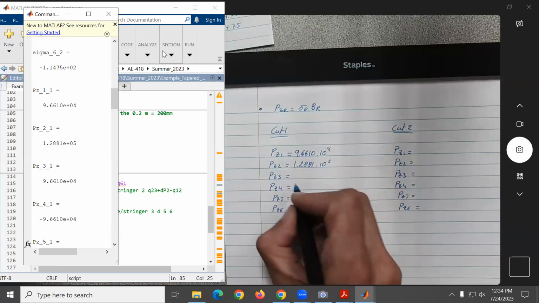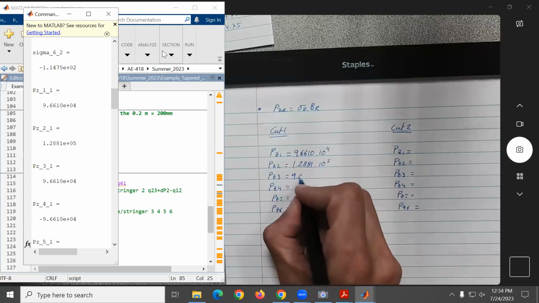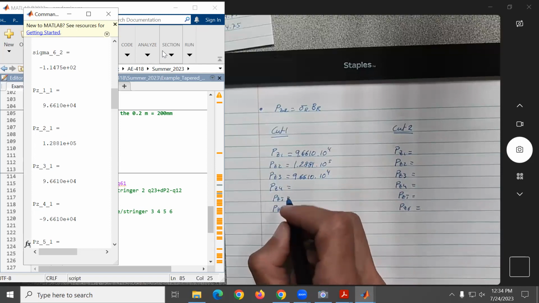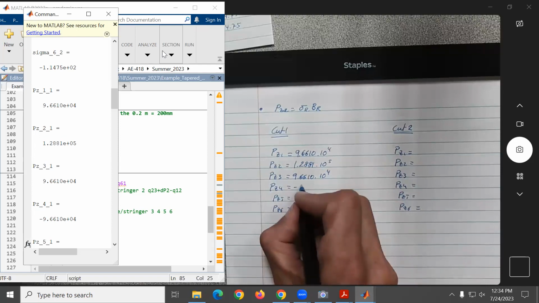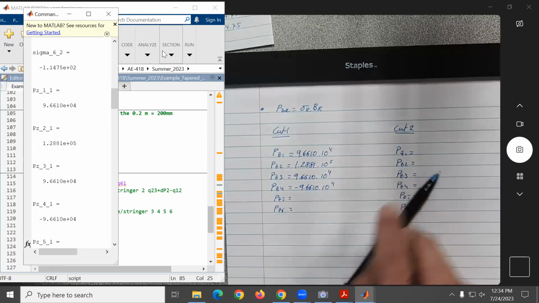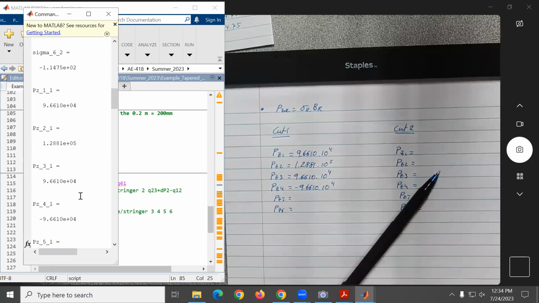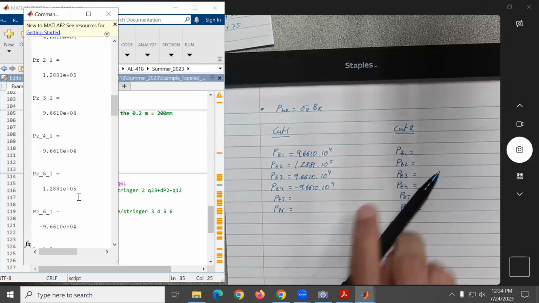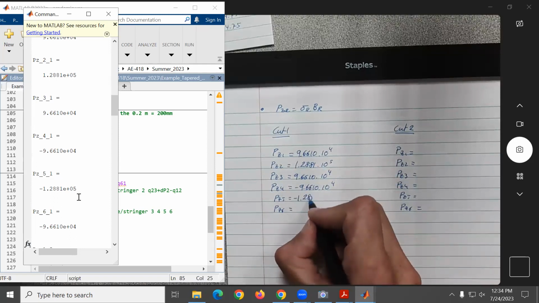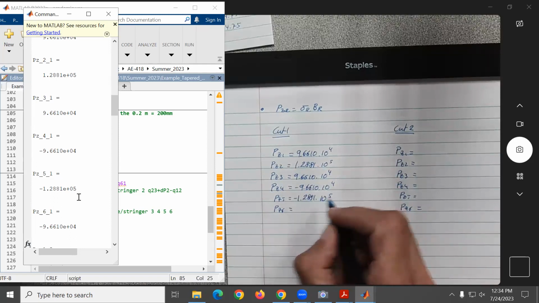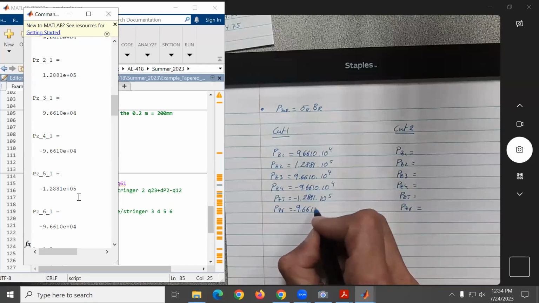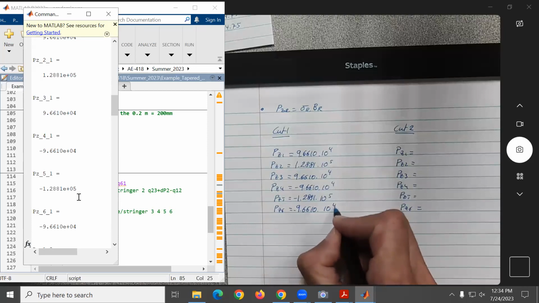PZ3 will be the same as PZ1, 9.6610 times 10 to the 4th. PZ4 will be minus 9.6610 times 10 to the 4th. Then PZ5 will be the same as PZ2 by symmetry but negative, minus 1.2881 times 10 to the 5th. And PZ6 is negative 9.6610 times 10 to the 4th.